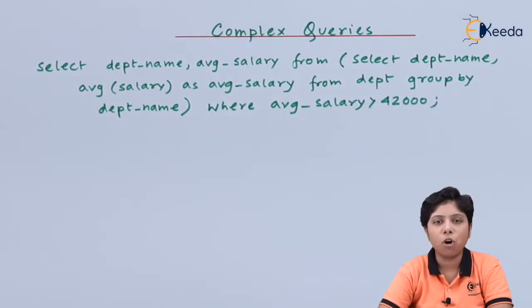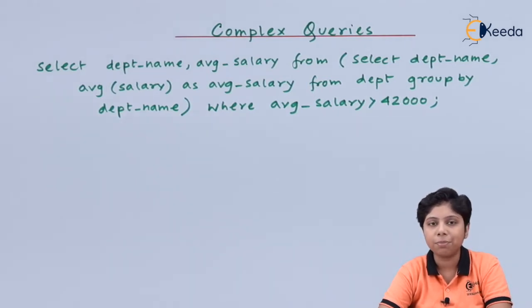We will solve a problem where we want to get the average salary of each department in a computer science university, so that we can find the ones where the average salary is greater than 42,000. So if a department's average salary is greater than 42,000, we will fetch the department name and the average salary of that particular relation.